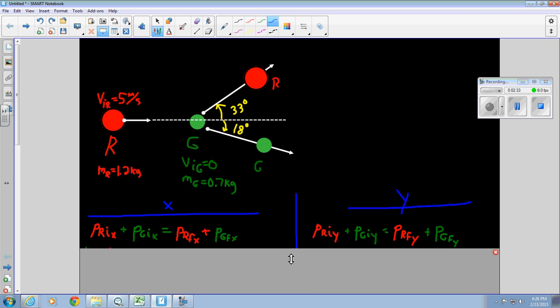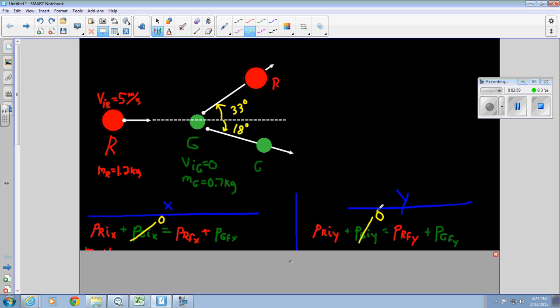A couple of these that we can eliminate from our calculations based on the information we have is, first off, we know that the initial momentum of the green ball is 0 because its velocity is 0. So this and this both should equal 0. And the red ball only has velocity in the x direction initially.